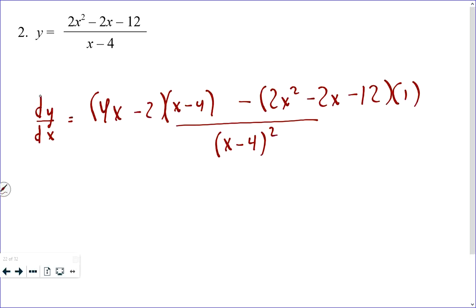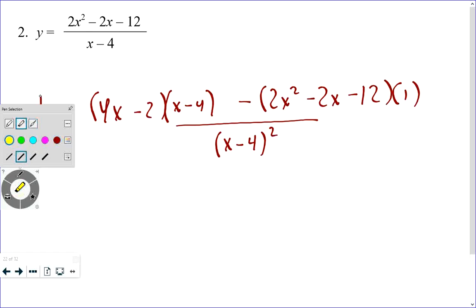It looks okay. You have to ask yourself here, is it worth it to factor? Because I've told you you should be factoring first. And the simple fact of the matter is that there is a common factor between those two terms. It's 2, right?